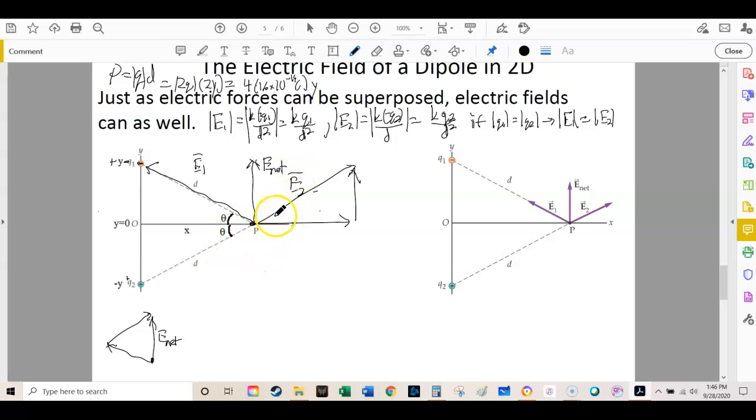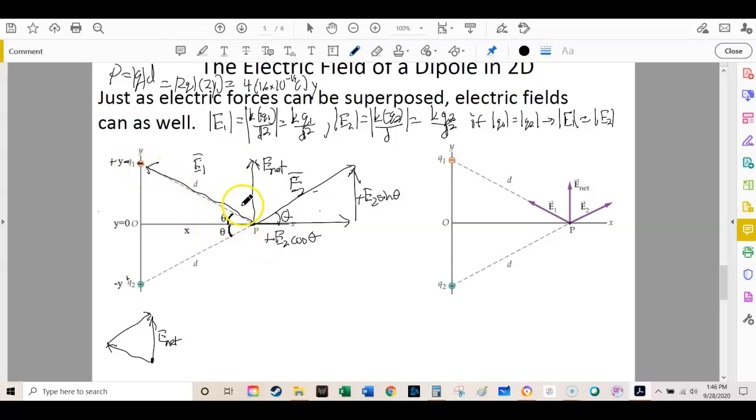And if this is the angle theta, then this is the angle theta, right? And this side of it is going to be E2 cosine of theta, and the top part is going to be E2 sine of theta. And it's pointed up, and this is pointed to the right.